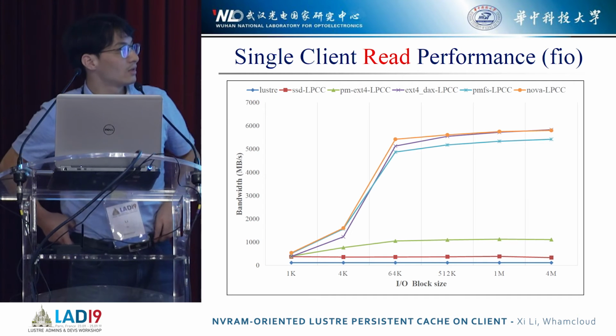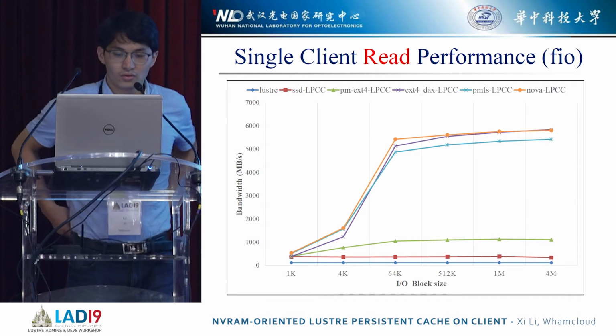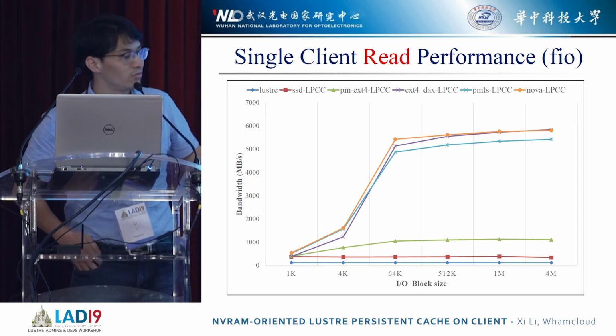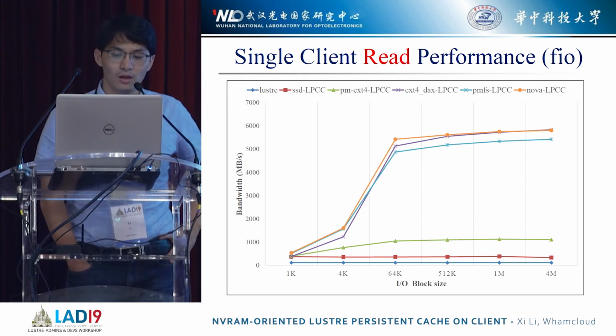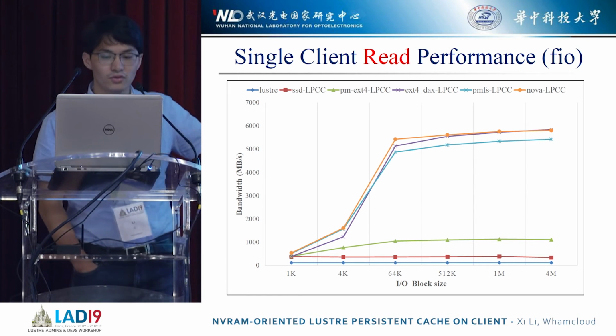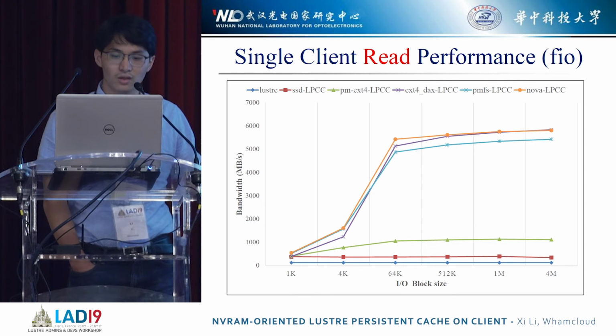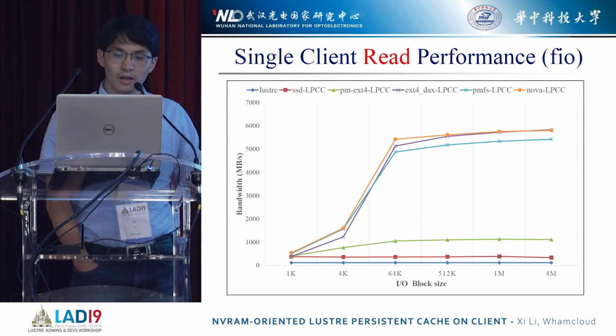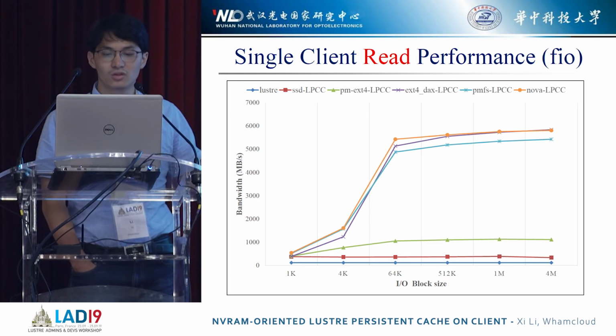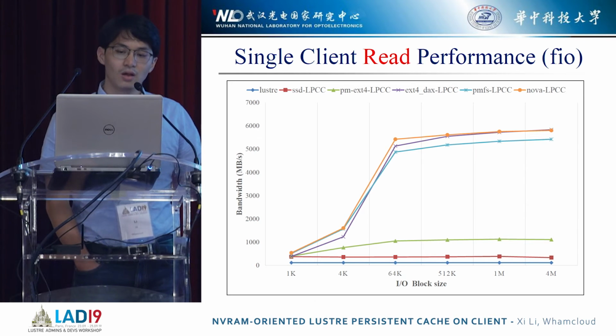So as we can see from these lines, of course LPCC can improve the performance, but we can see a very huge difference between these lines too. For example, the LPCC based on EXT4 but without DAX has higher performance than the LPCC on top of SSD, but it is much lower than the performance on NVRAM with EXT4 using the DAX feature.